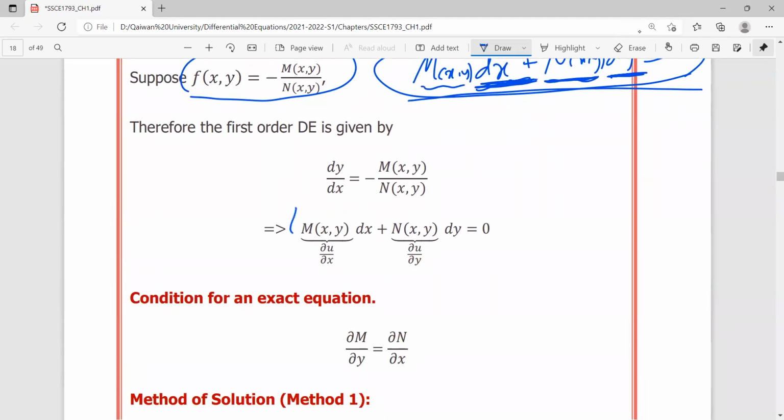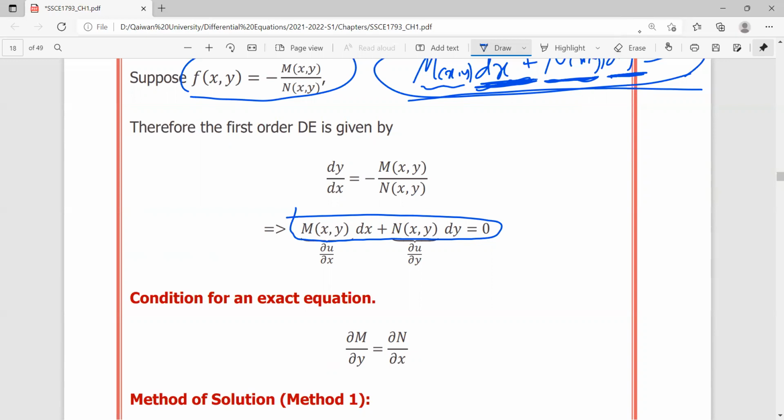As you see here, we have this form. We must first write down the equation into this form, and then we are going to test whether the equation is exact or not. We are going to test for exactness. How?